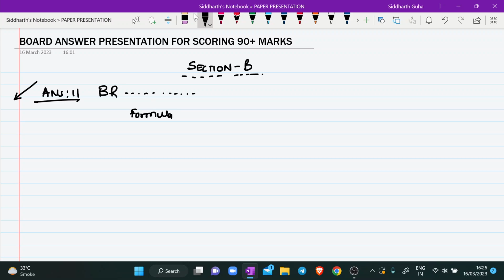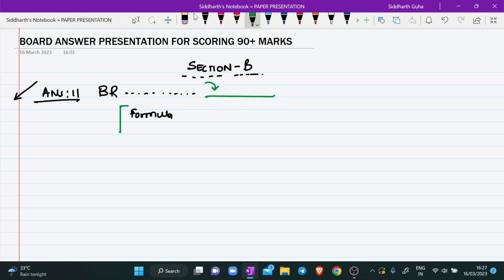What is important is that when you define, ensure that you underline the important keywords. That is required at least for 1 mark answers, because this will make the work of the paper checker easy. He will just check these keywords and give you 1 mark, or maybe 0.5 or whatever it is. In order to ensure that you are not making his work difficult, underline the keywords.